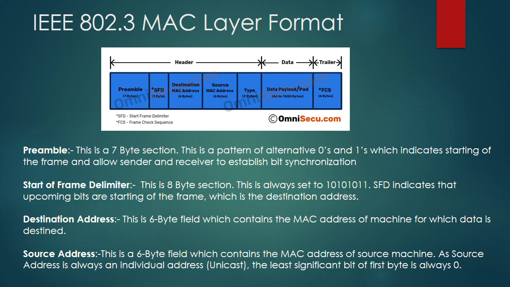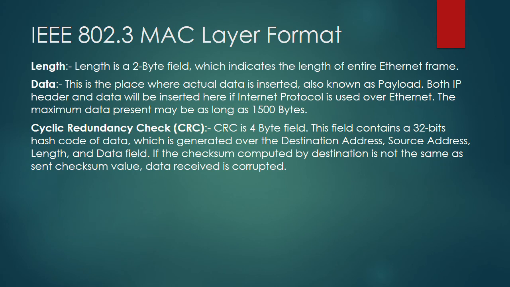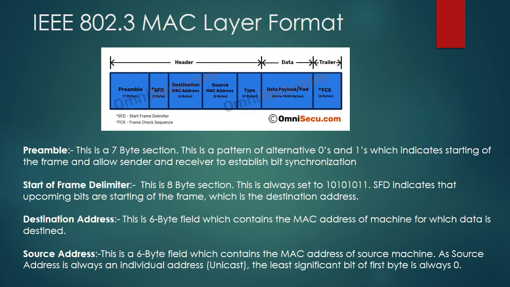The least significant bit of the first byte is always 0 because of unicast addressing. The length is a 2-byte field, so 16 bits, which indicates the length of the entire Ethernet frame.